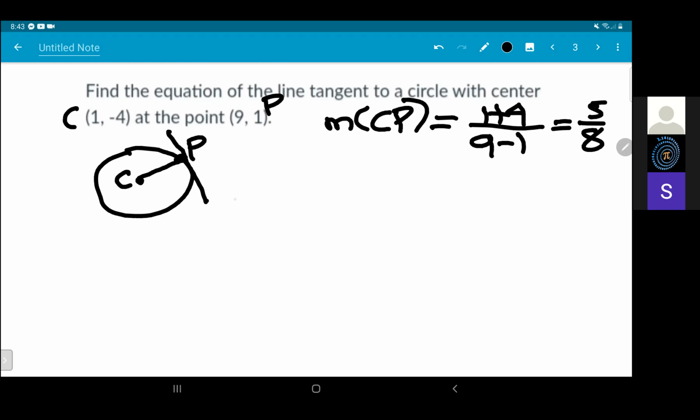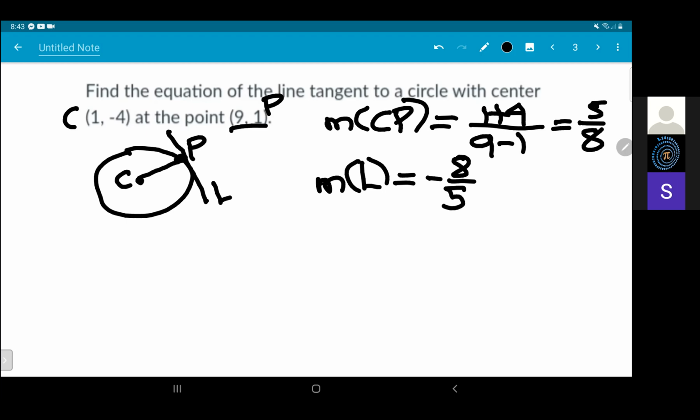So if this is the tangent line, then the slope of line L is the negative reciprocal, so negative 8 over 5.